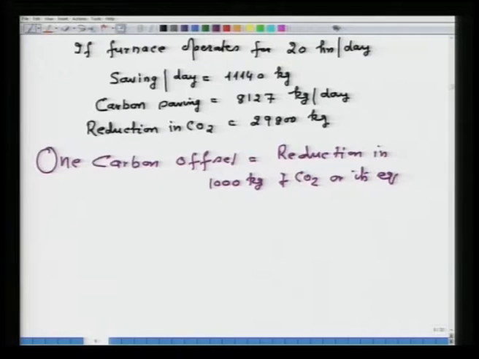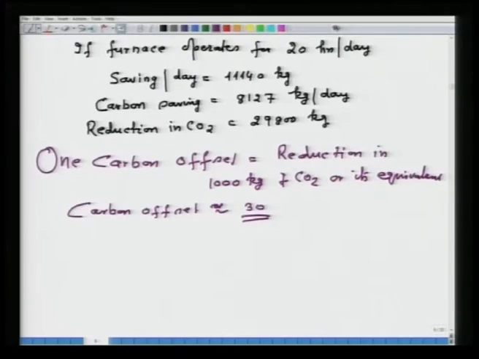Equivalent means suppose you are reducing other NOx or water, then it is 1000 kg CO2. So, in this case carbon offset or carbon credit, same thing, that will be approximately 30 carbon credit you are storing per day. So, you can imagine now per month or per year and so on. So, this is the illustration of this.